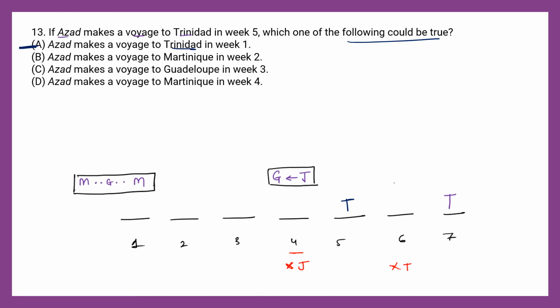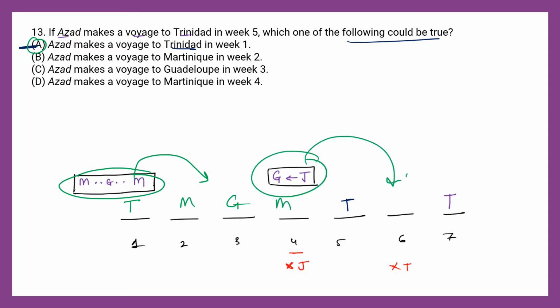Let's say I use a green pen for what I add. So A goes to T in week 1. Now, if A goes to T in week 1, where do you put this MGM? Can you put it here? Okay, you put it in here. Then where do you put this? You can't put this in here.